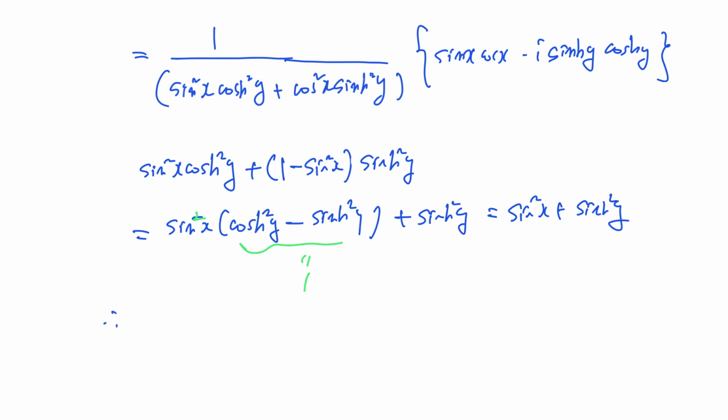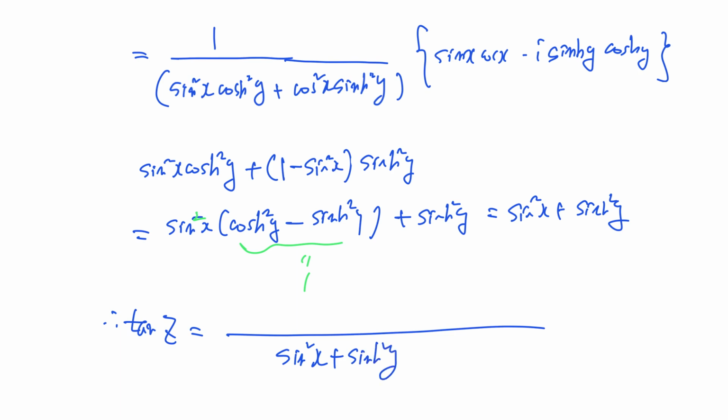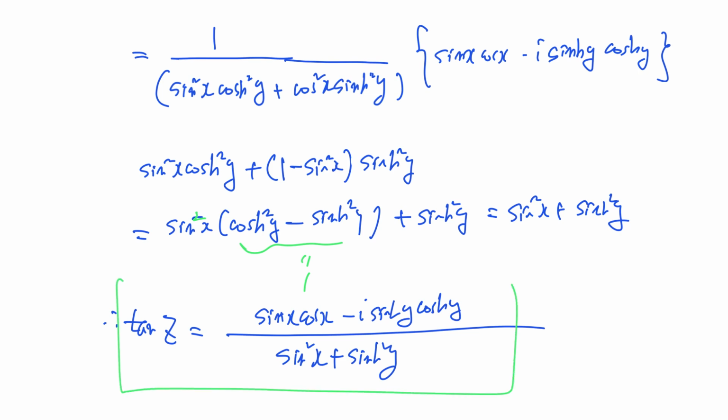So tangent z can be written as sine x cosine x minus I sine hyperbolic y cosine hyperbolic y over sine square x plus sine hyperbolic square y. So this is the expression for tangent z.